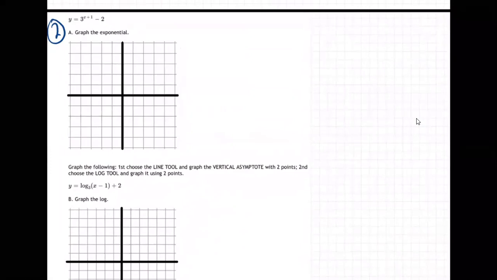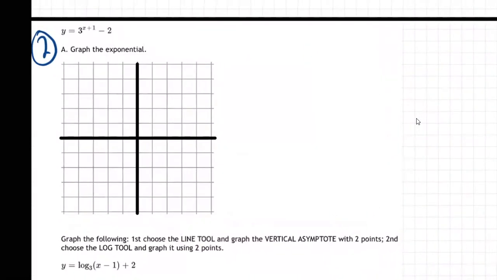Oh, and by the way, let me mention, this is really new for us on this problem. The number that's out here is the horizontal asymptote. So let me just put that in right now, -2. So the horizontal asymptote down here at -2.